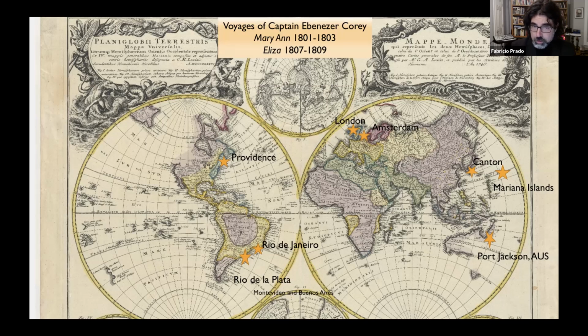Well, Corey was in really bad luck. The Spanish ship Santa Gertrudes shipwrecked on the way to the Philippines. And that was the last that we've heard from Ebenezer Corey.